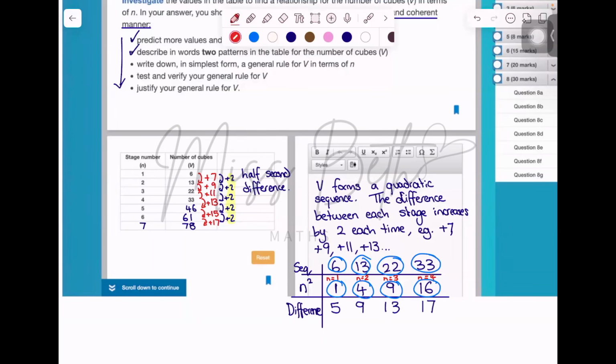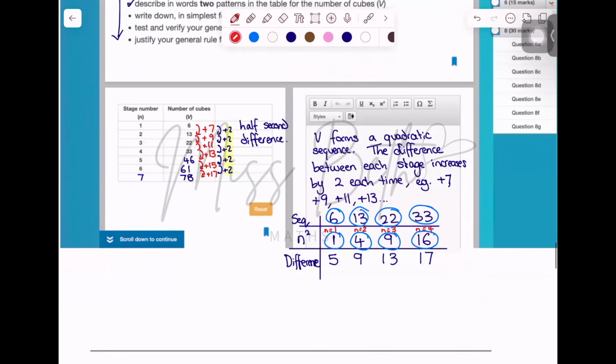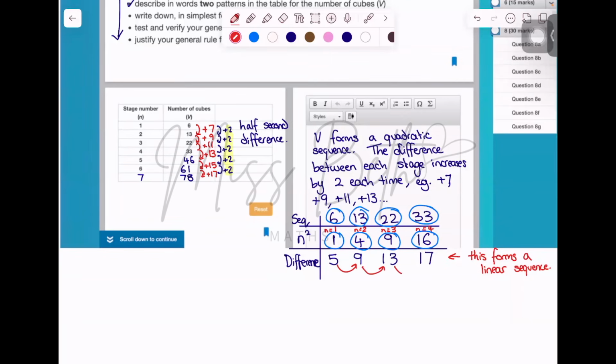Okay, at this point, you would want to notice that that difference is not the same each time. Okay, so what that tells me is that this forms a linear sequence. So it's going to have a linear component, and I need to find the rule of this part. Okay, so what's happening between each of these terms? We are adding 4. Okay, and the one before would have been 1.